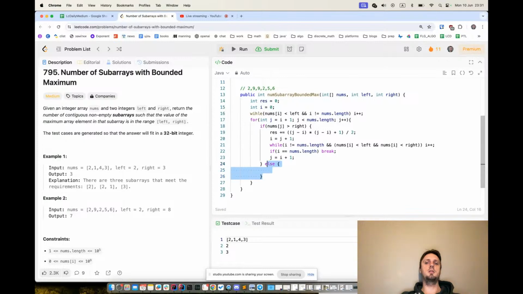Else if j is equal to nums length minus 1, then I should calculate my result again. j equal to nums length minus 1, and i is less than j.